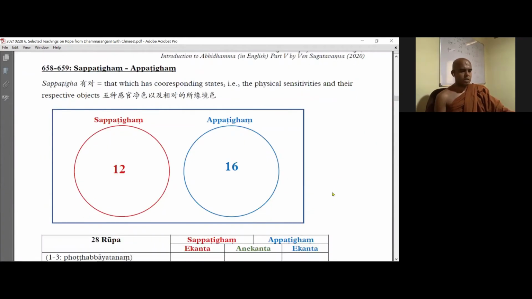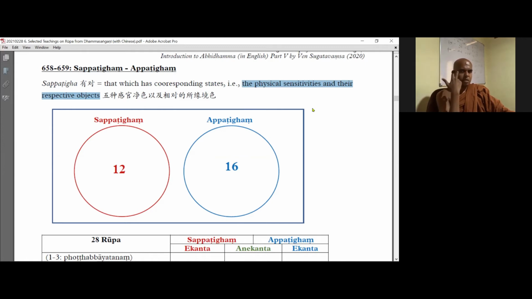Next explanation. Again, the 28 types of rupa, we make the group sappatigha and appatigha. Sappatigha is that which has a corresponding state, meaning the physical sensitivities and their respective objects. They always have touching impingement, because the eye and the color always impinge.